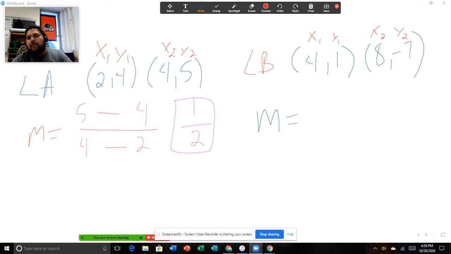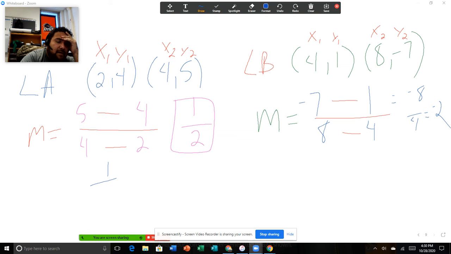Minus, minus, and let's go ahead and input our points. y2 is -7 minus y1, which is 1, over x2, which is 8, minus x1, which is 4. -7 minus 1 equals -8. 8 minus 4 is 4. -8 over 4 equals -2. So I have one slope that's 1/2 and another slope that's -2.